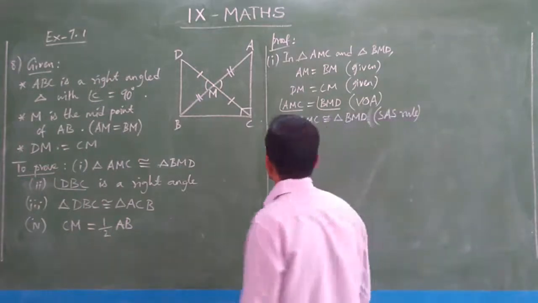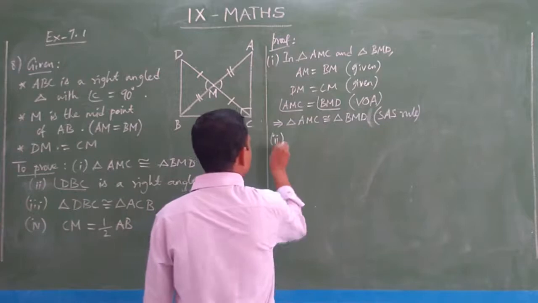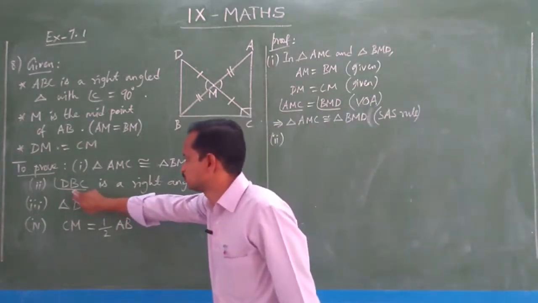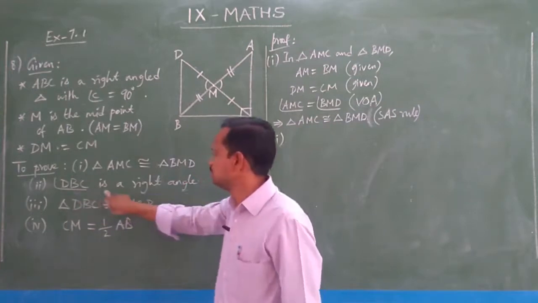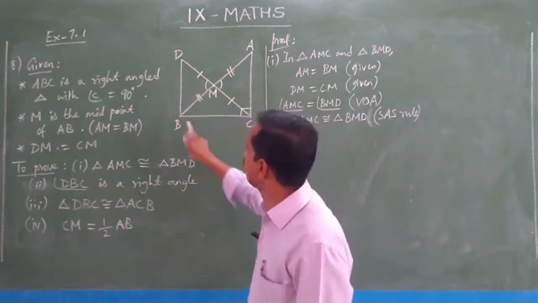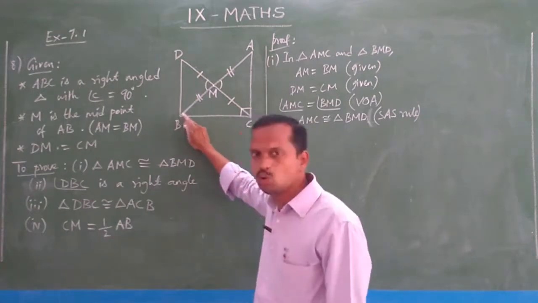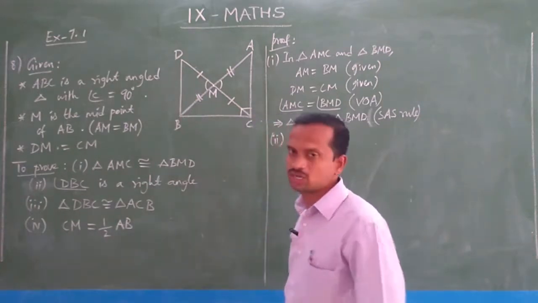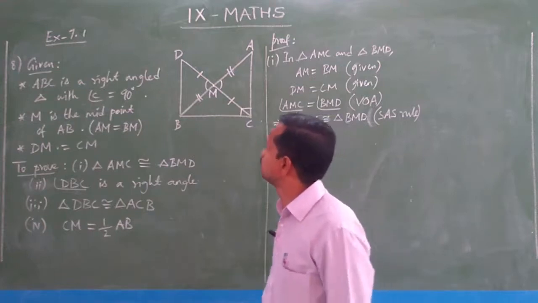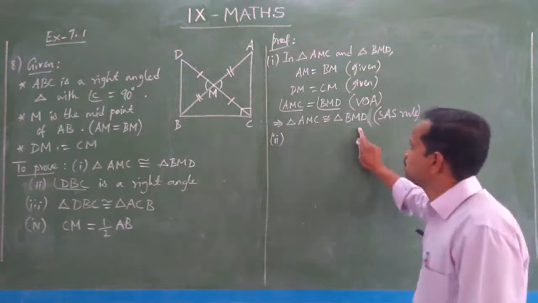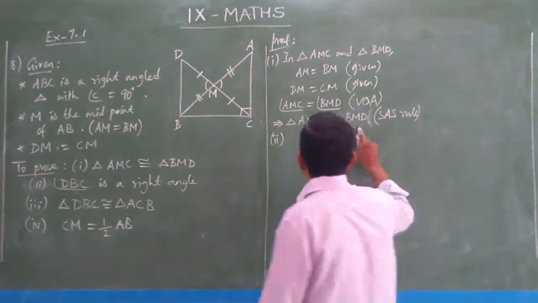And coming to the next option, we have to prove angle DBC is a right angle. DBC means this angle, and you have to prove it is 90 degrees, a right angle. So how to prove it? For that, triangles AMC and BMD we have already proved congruent.